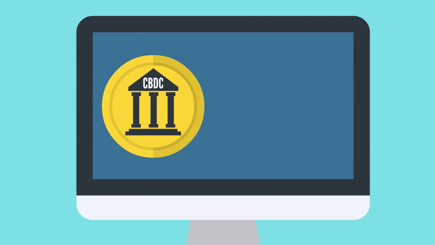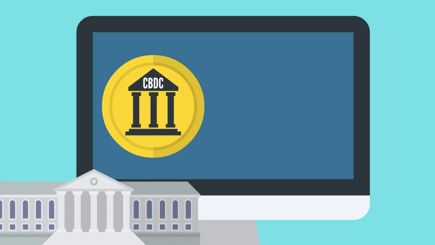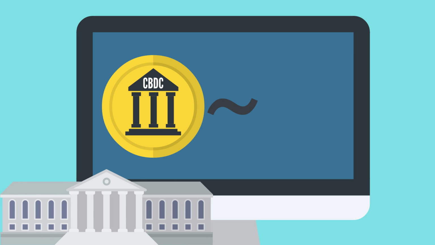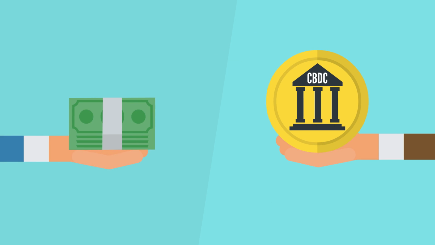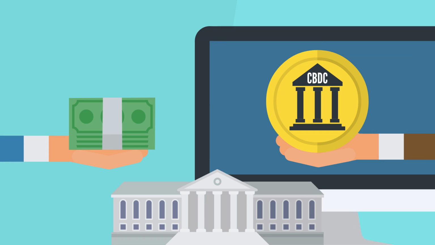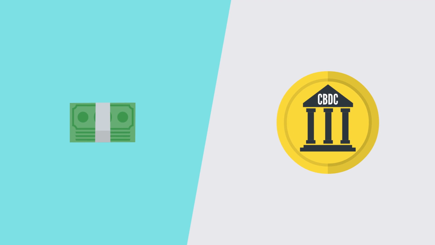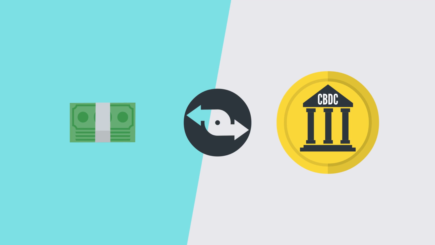A CBDC is a digital payment instrument that is a direct obligation of the central bank and is valued in the national unit of account. It serves as a medium of exchange, a store of value, and a unit of account, and is the official tender issued by the central bank in digital form. It has the same value as fiat money and may be exchanged for fiat currency.